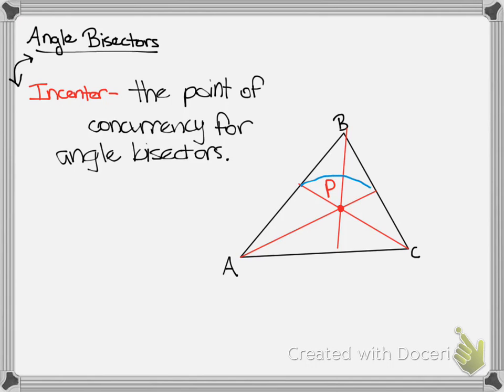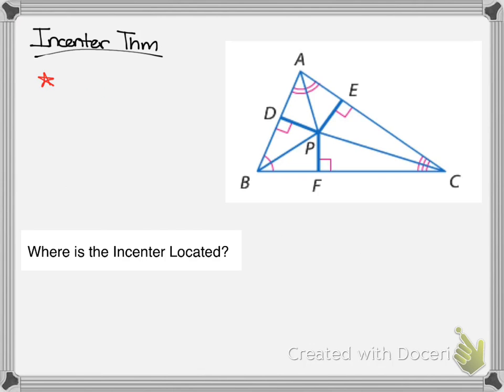So point P is going to be the center of this blue circle here. So I've got this blue circle, P is the center. So you notice that from that incenter to each side of that circle, that's a radius. Those are all going to be congruent to one another. So just like we had a theorem for circumcenters, we also have a theorem for incenters.